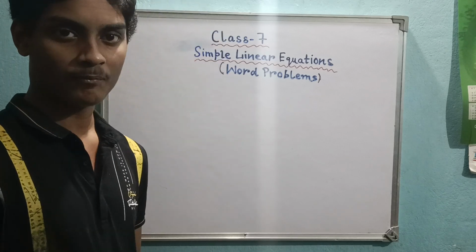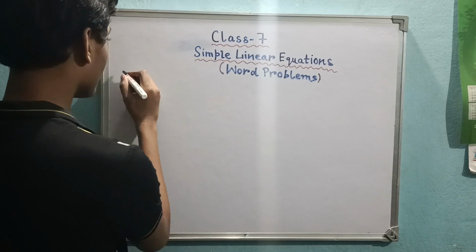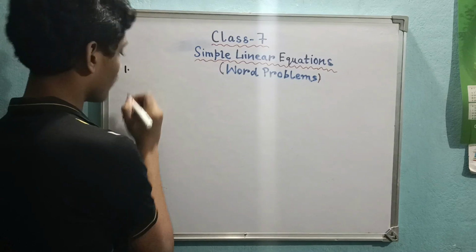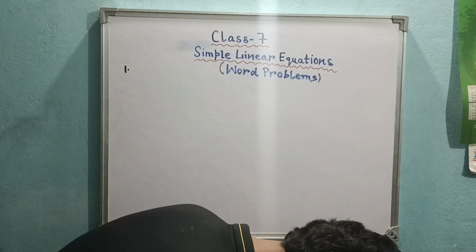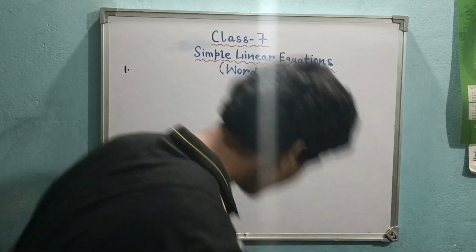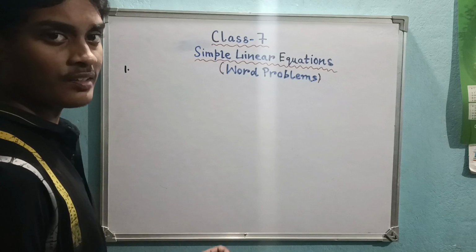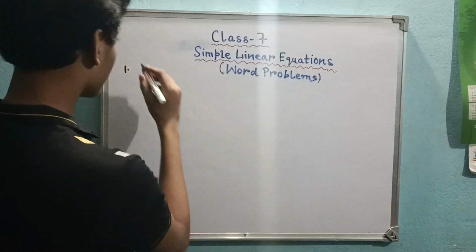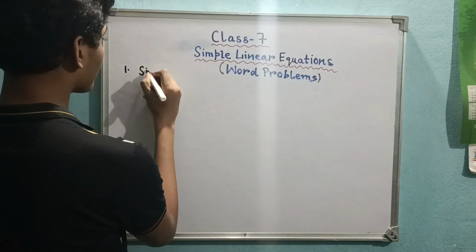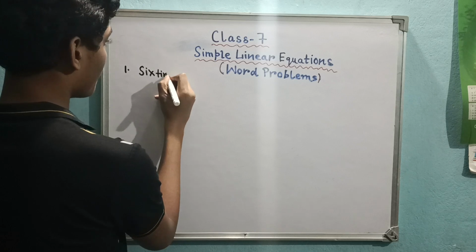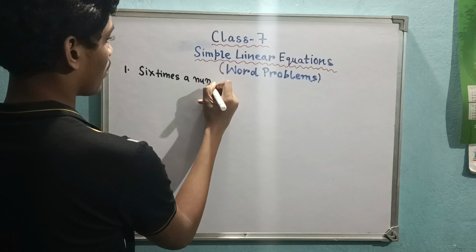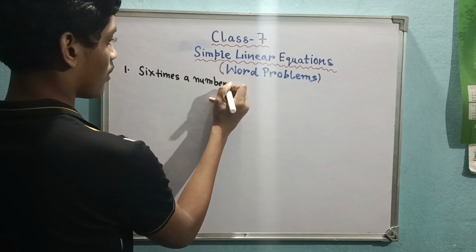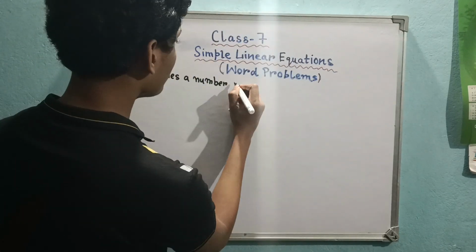So let us begin. The first sum for today. This is the main part of this chapter. So the first one is really easy. Just see it. 6 times a number is 72.